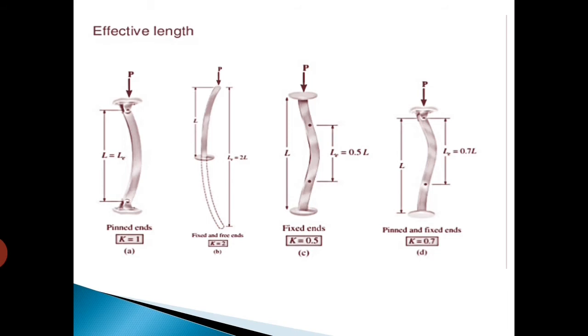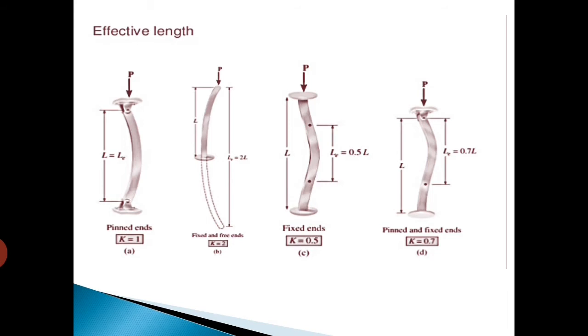So first condition is pin ends, means both ends are hinged, where K is equal to 1 and L effective, means effective length, is equal to L. Figure A shows that effective length is equal to L. See the middle, L is equal to L suffix E, forces applying on the end points, and where K is equal to 1, K means radius of gyration.